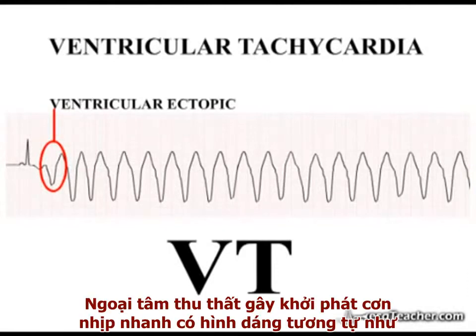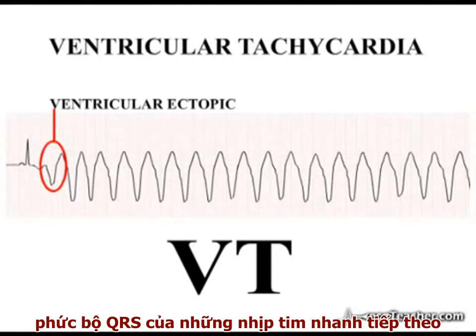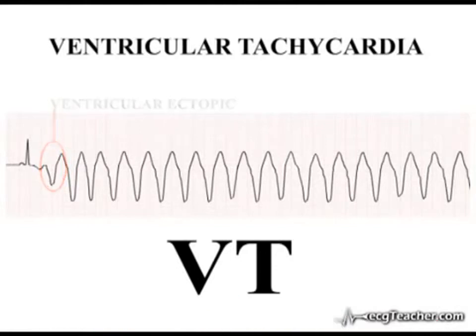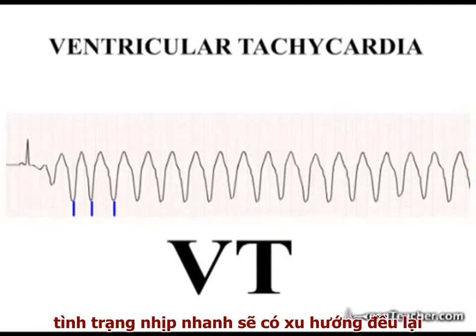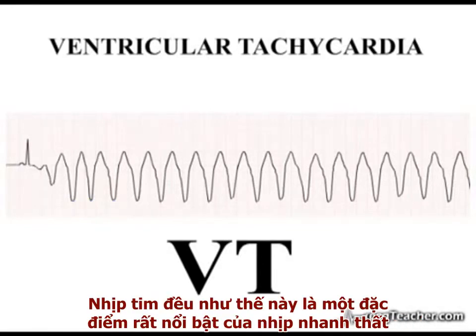You'll notice that the triggering ventricular ectopic is similar in morphology to the QRS complexes of the subsequent tachyarrhythmia. You will also appreciate that following an initial brief period of irregularity, the tachyarrhythmia is monotonously regular. This regularity is a very characteristic feature of ventricular tachycardia.